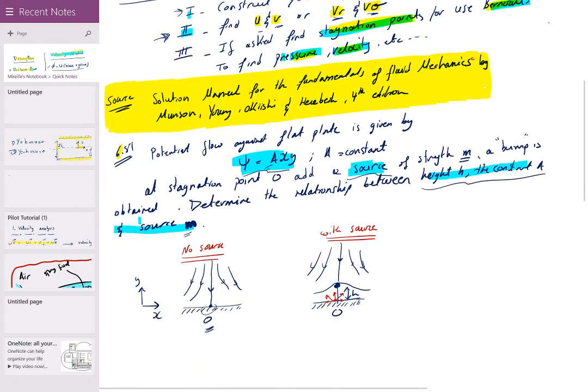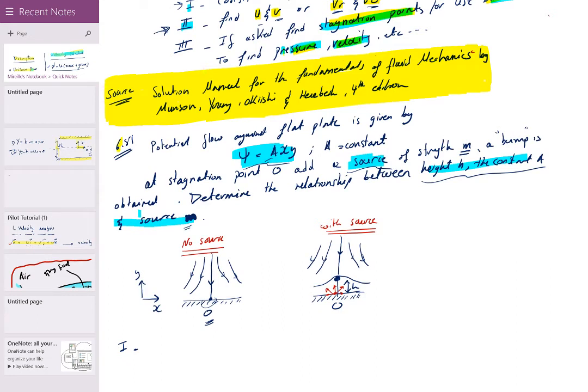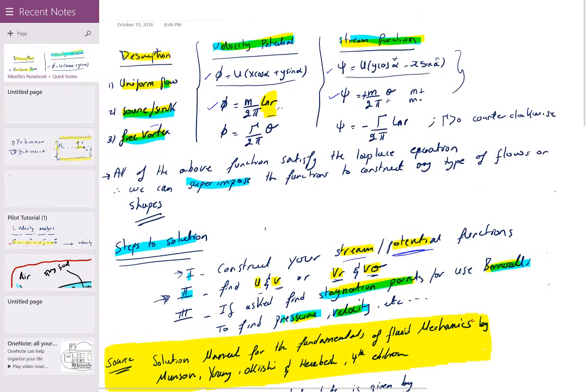Now, the first step, number 1, is to construct my flow by using the superposition of the given function and my source. Again, why did I use the stream function psi?